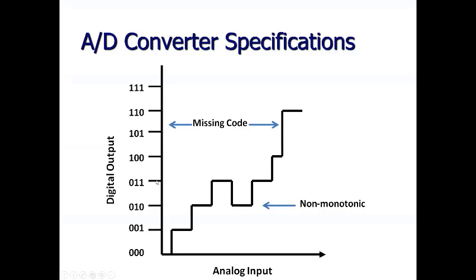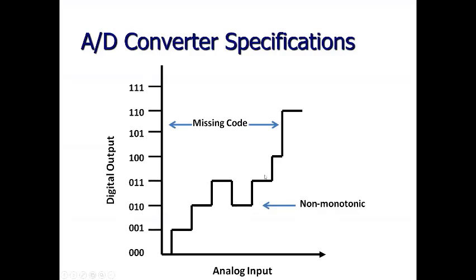A to Ds also have a number of other specifications. One that you might see is no missing codes and monotonic transfer function. Monotonicity implies that if you put an increasing voltage in, you're always going to get an increasing digital number out. If you started here and had a slightly higher analog input voltage and it gave you a lower digital output, that's non-monotonic.